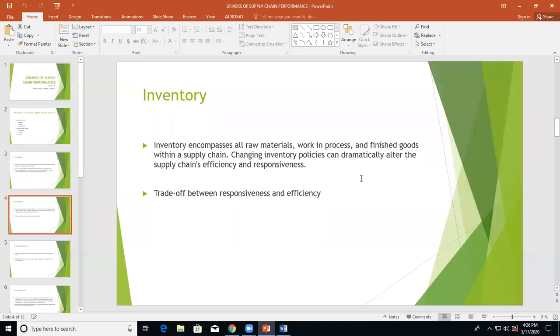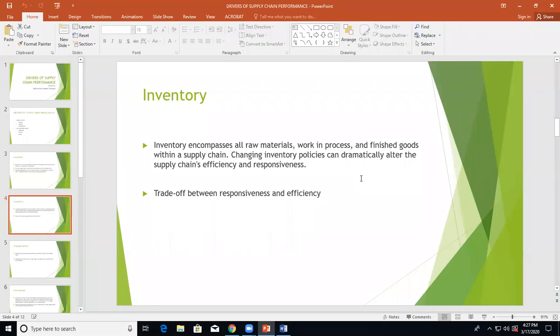For example, if we have opened warehouses near the customers, it means we have more inventory. So we are improving responsiveness to the customers by trading off with efficiency. There is a trade-off between efficiency and responsiveness, especially in inventory.